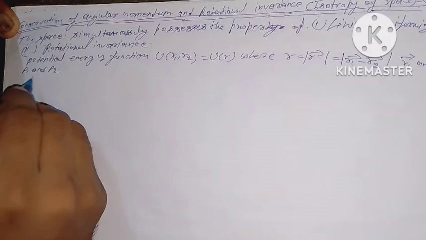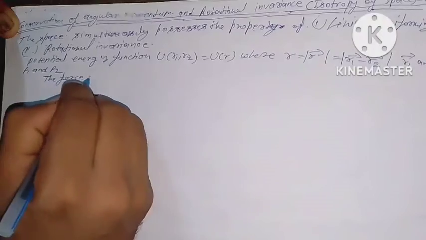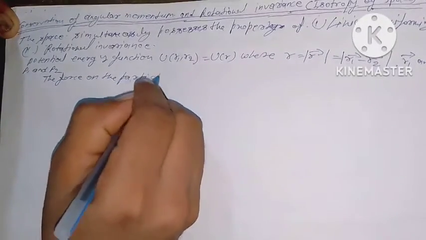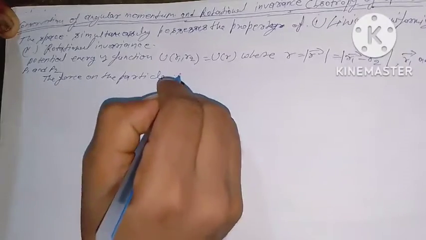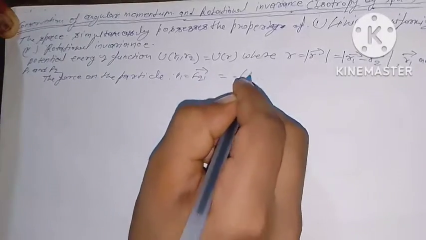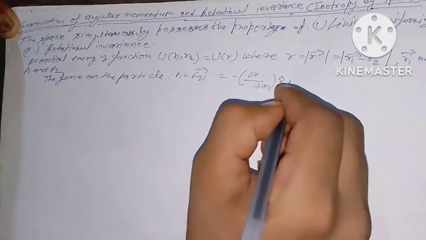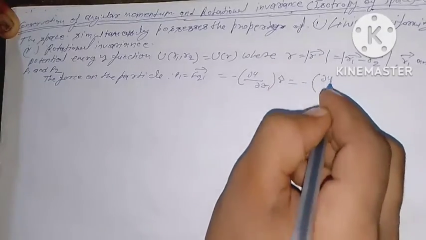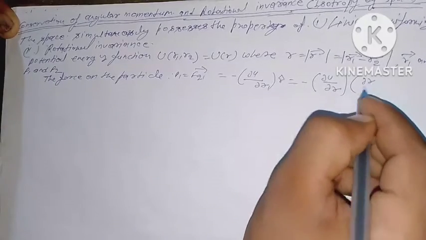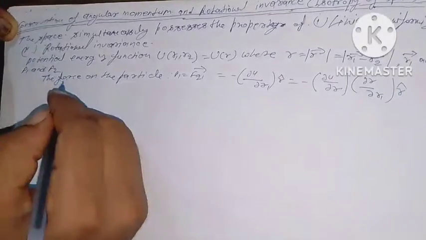The force on the particle P1 equals F21 vector equals minus del U upon del r1, unit vector r, equals minus del U upon del r into del r upon del r1, unit vector r.